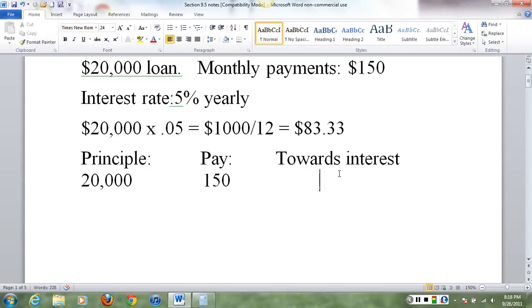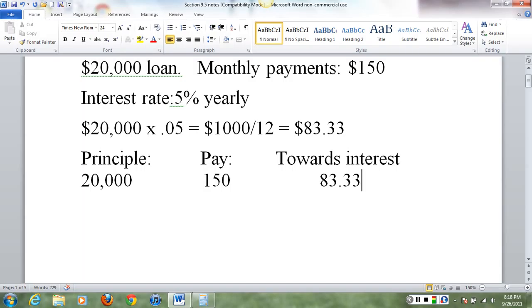So of that $150, how much goes towards interest? And that is $83. Which means whatever's left over is what you're actually paying off the loan with. Because you always pay interest first, the way loans work.